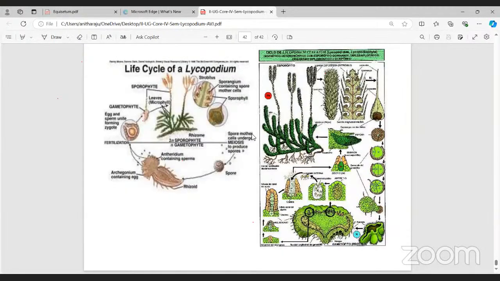Okay, right. Now let's take another one: Equisetum. Now tell me, the Equisetum sporophyte structure was already discussed yesterday.